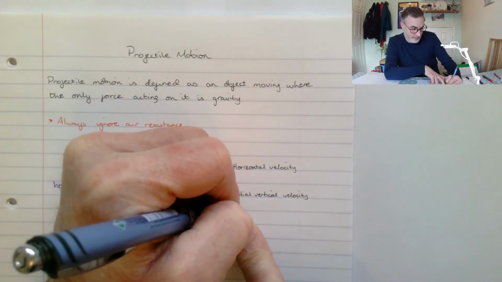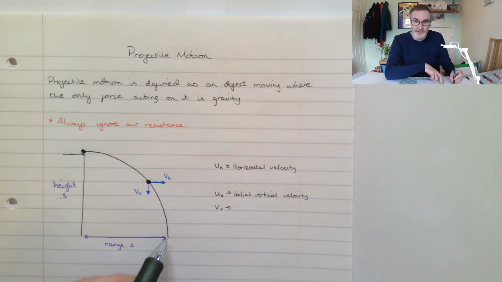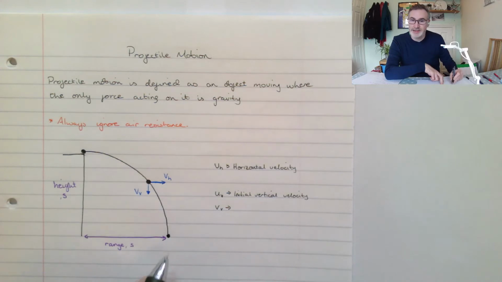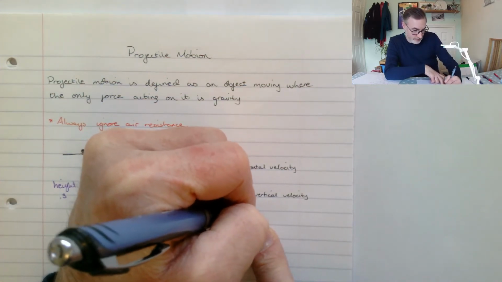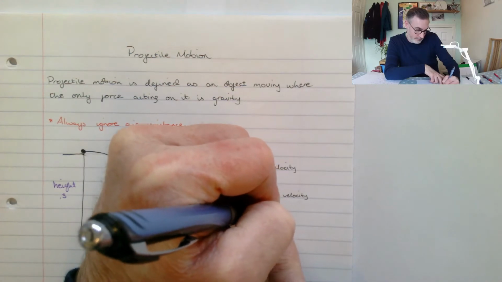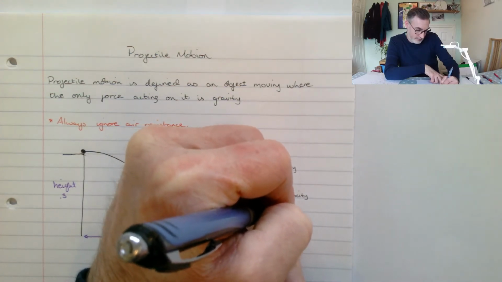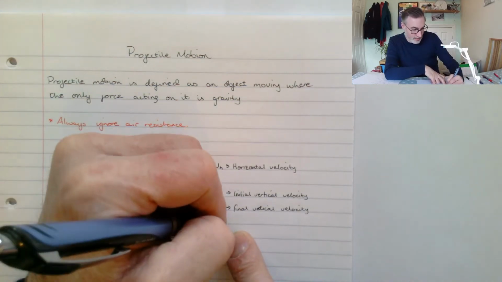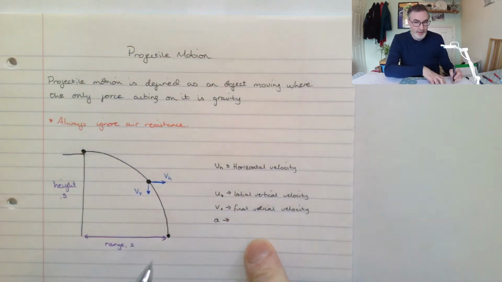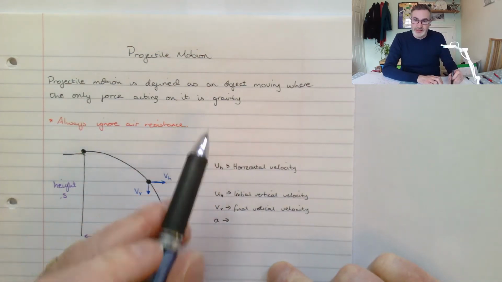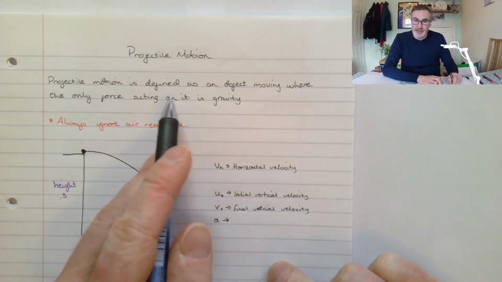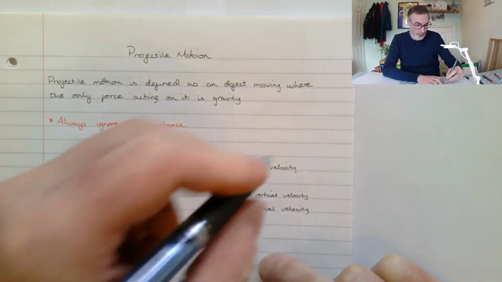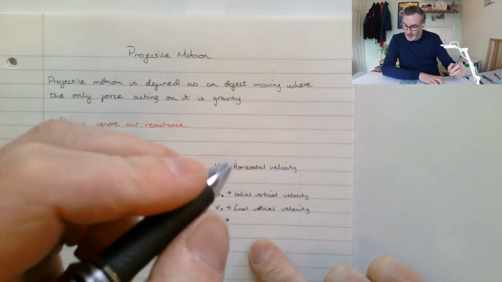VV, which would be the final vertical velocity, i.e. the velocity that it's going in the instant before it lands. It will have an acceleration. Now, for the definition of it, the acceleration of a projectile, it's being accelerated, or the force that's acting on it is gravity. So the acceleration is the acceleration due to gravity, which you should know is 9.8.